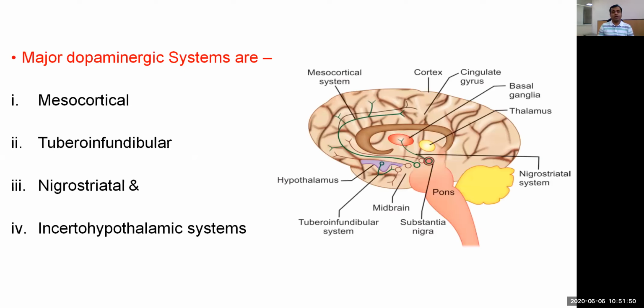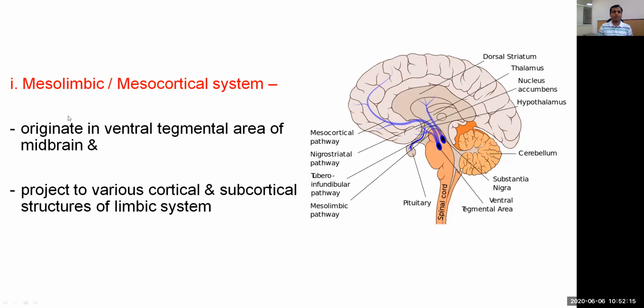As monoaminergic neurons play a very important role, let us consider the various neurotransmitter systems which play an important role in the limbic system. The major dopaminergic systems are mesocortical, tubero-infundibular, nigrostriatal, and incerto-hypothalamic. Let us consider them one by one.